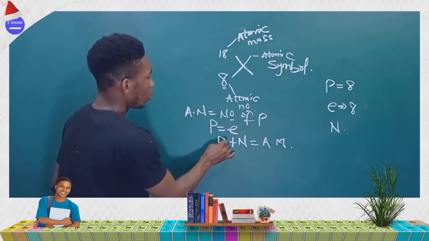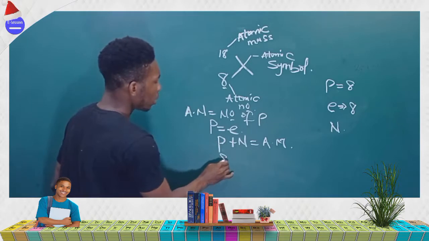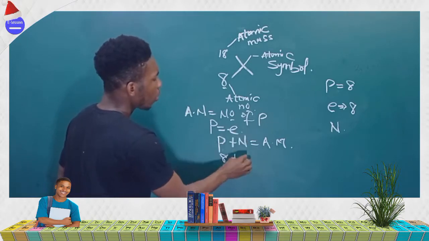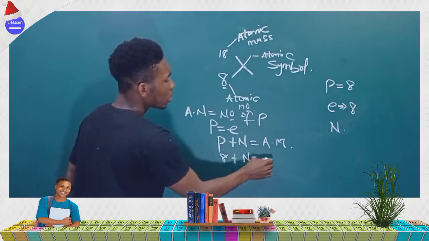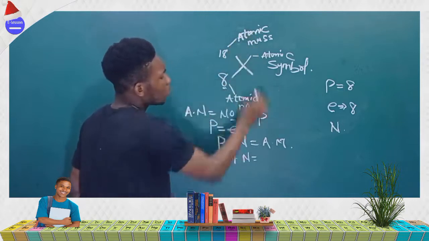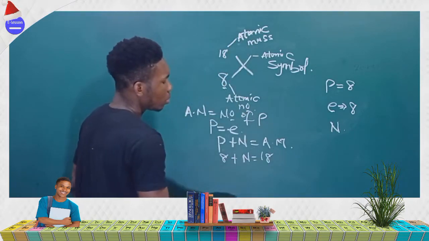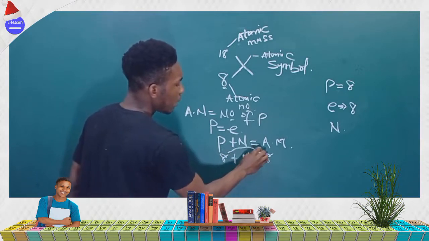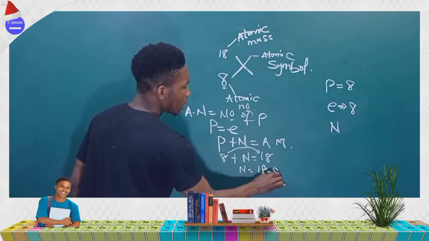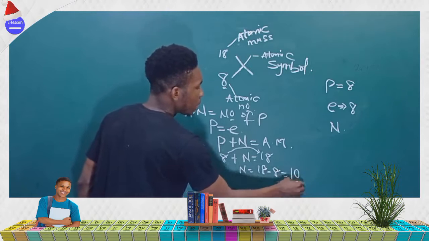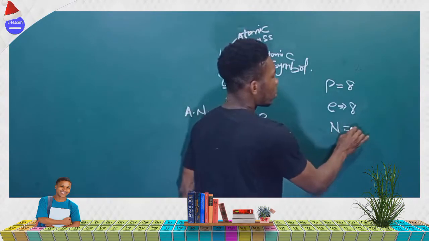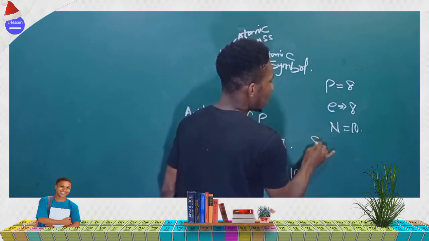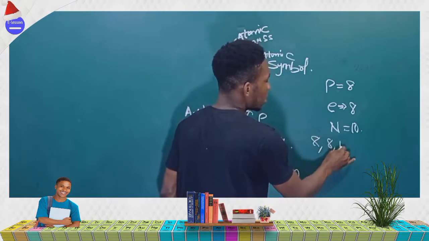So the number of protons, 8, plus the number of neutrons, which is unknown, is equal to the atomic mass, which is 18. To get the number of neutrons, we take 8 to this side, it becomes 18 minus 8, and this gives us 10. So the number of neutrons is 10, and our answer is 8, 8, 10.